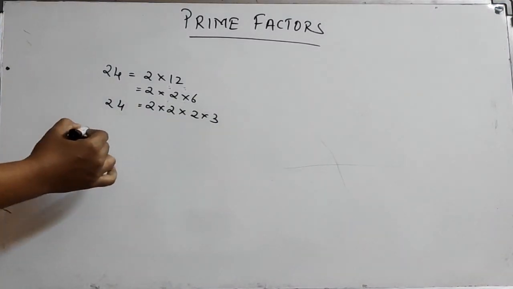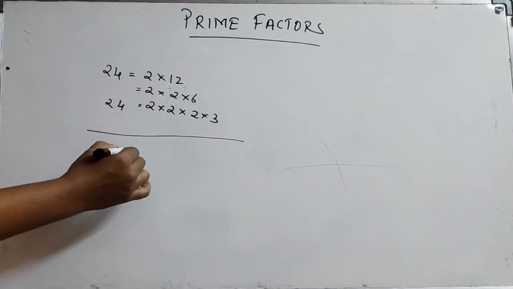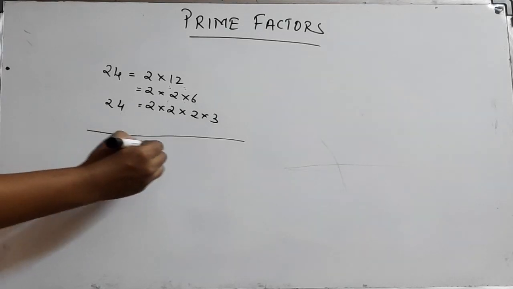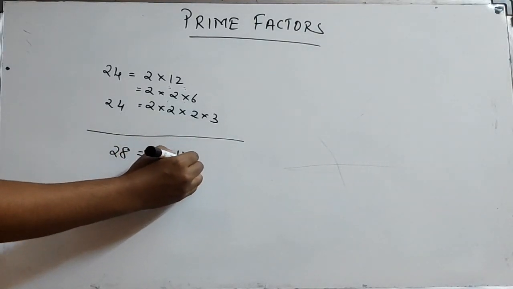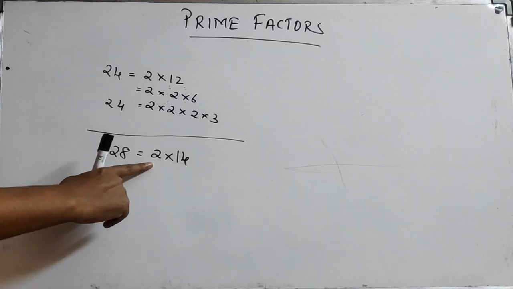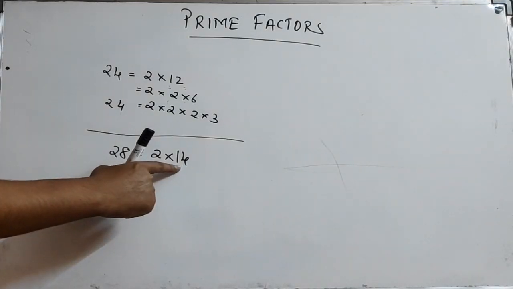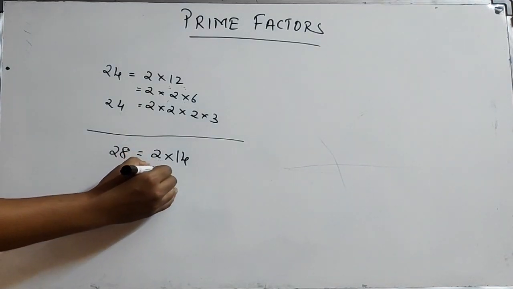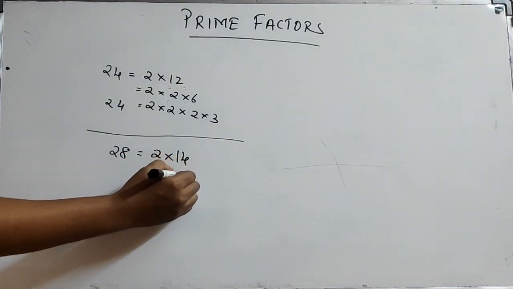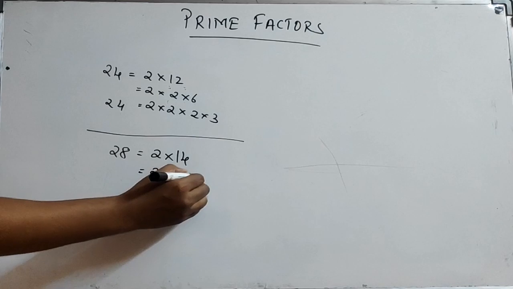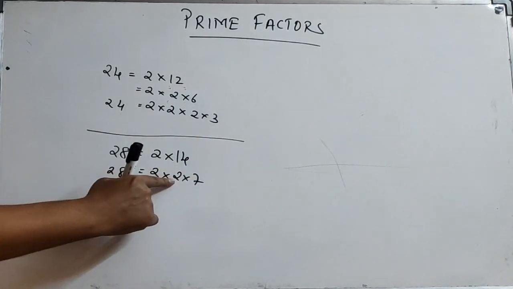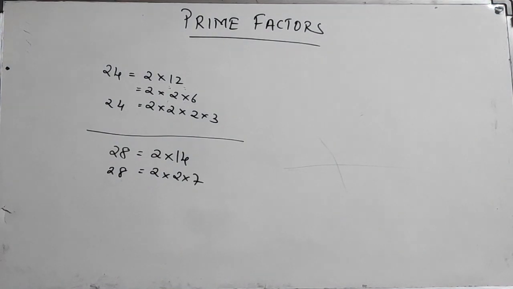One more example we'll look into. Say 28. Now 28 can be written as 2 into 14. 2 is a prime number. 14 is not a prime number, 14 is a composite number. So 14 can be written as 2 into 7. So 28 can be written as 2 into 2 into 7.